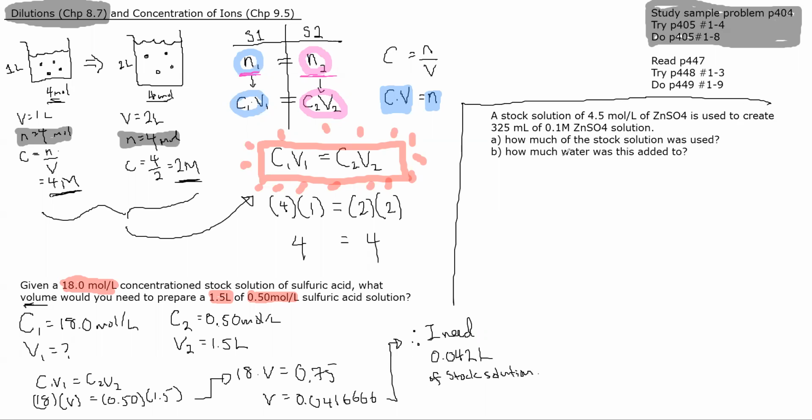The stock solution is that. How much of the stock solution was used? How much water was added to this? The reason I wrote it this way is that you do not have a super concentrated solution and then add H2O. That is asking for trouble.